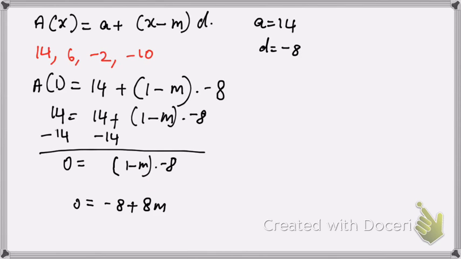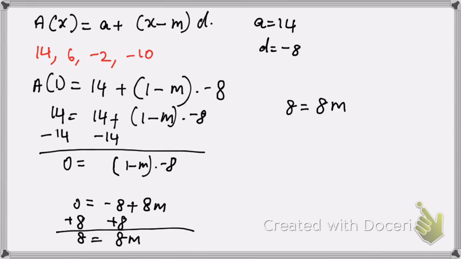Okay, so now you can add 8 on both sides, right? So when you add 8 on both sides, you get 8 here, and on the right hand side you get 8M. So 8 equals 8M.